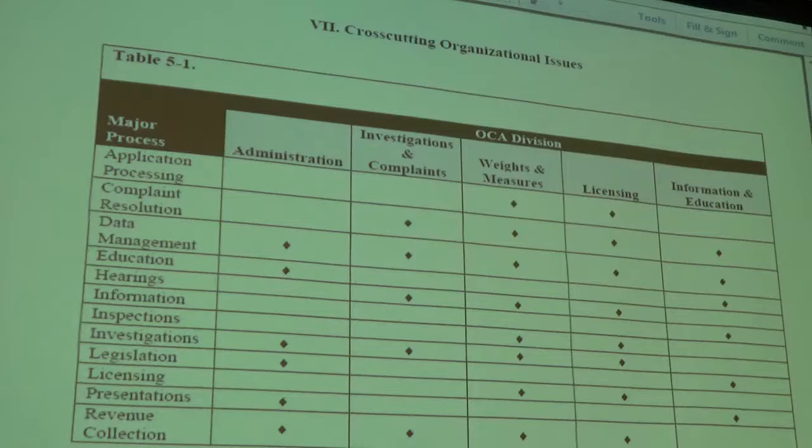So if you look at it, that was looking at it horizontally: how the processes cut across the organization. If you look at it vertically, weights and measures is affected by almost every process, from processing applications to complaint resolutions to data management, hearings, inspections, investigations, licensing, revenue collection.